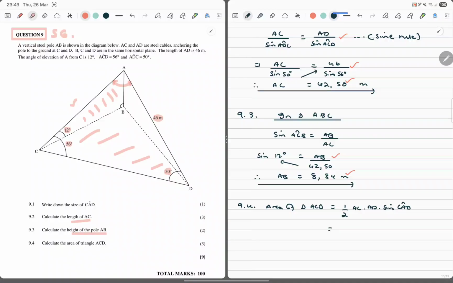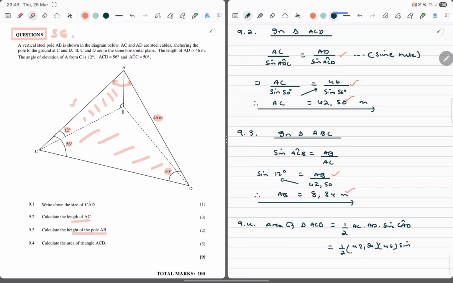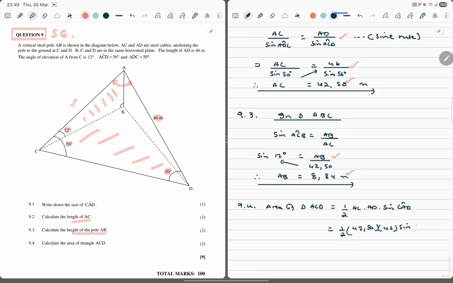That's the area rule. So this is going to be a half of AC, 42.50, AD, that's 46, sine of the angle, what did we get? 74.